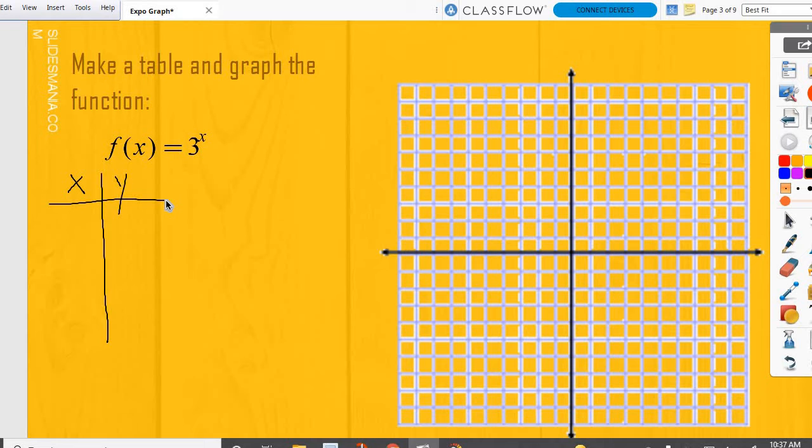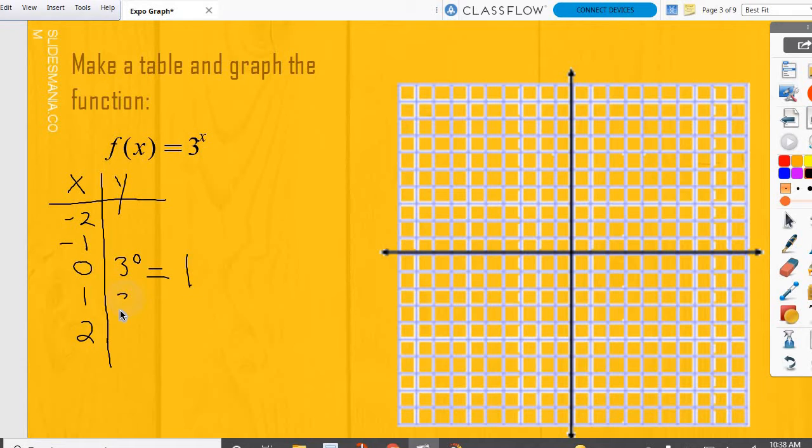If I wanted to make a table, what would be some numbers that I could plug in? Okay, 1, 2, 0, -1, -2. Now, let's start at 0. If we plug in 0, anything to the 0 power gives us 1.